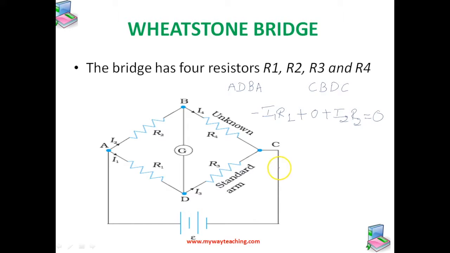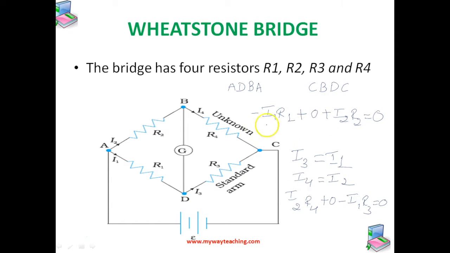Now the second loop gives, using the conditions I3 is equal to I1 and I4 is equal to I2, I2 R4 plus 0 minus I1 R3 is equal to 0.